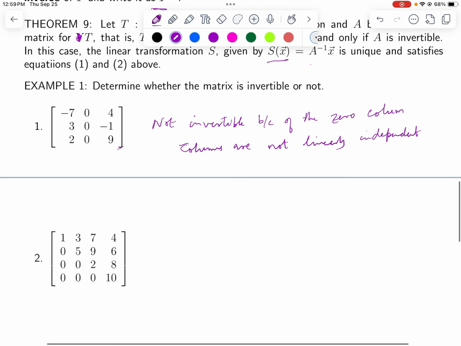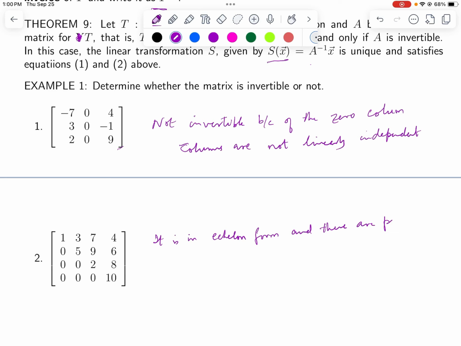So the columns are not linearly independent. So the matrix is not invertible.